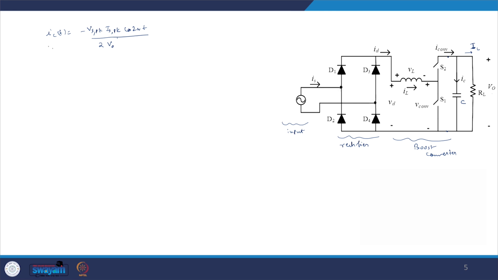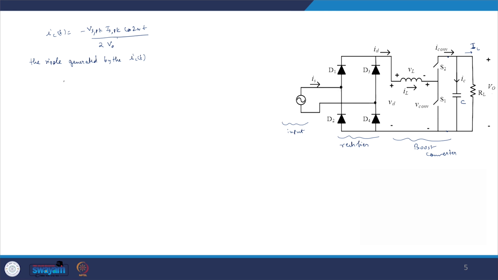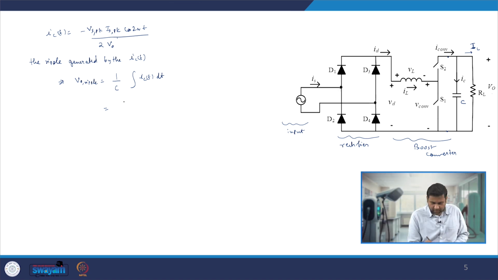Since this current is going through this capacitor, we can write that the ripple generated due to the flow of the current IC, the current going through the capacitor, is V naught ripple equal to 1 by C integral of IC of t dt, and we can take this as minus Vs peak Is peak divided by 2 V naught cos 2 omega t. Let us define this as equation number 3.